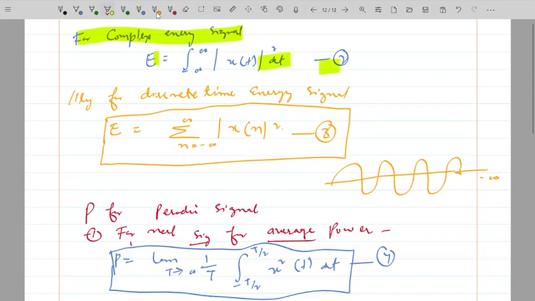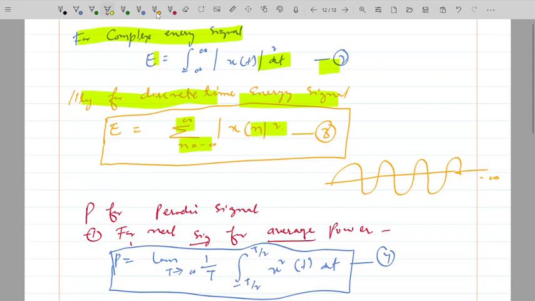This is the second equation. And similarly for the discrete time energy signal, E is equal to the summation of n from minus infinity to infinity of mod of x of n whole squared. So this will be the third equation.